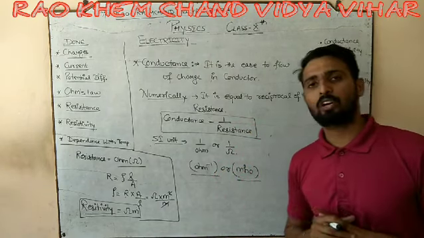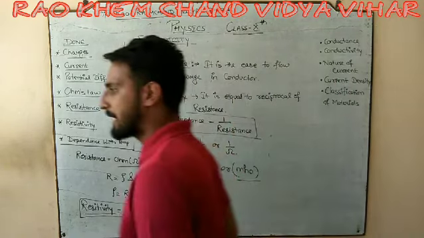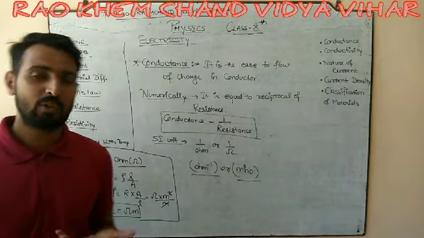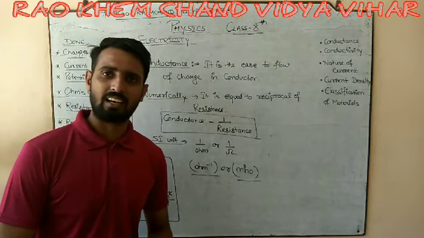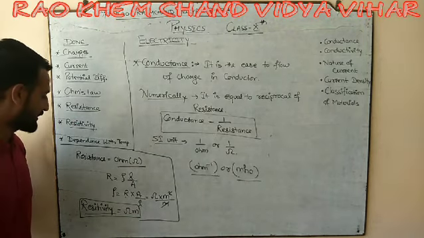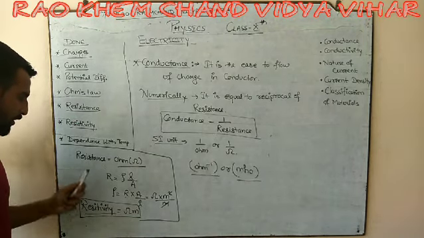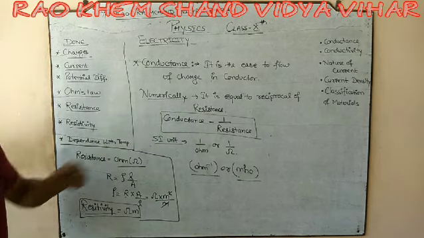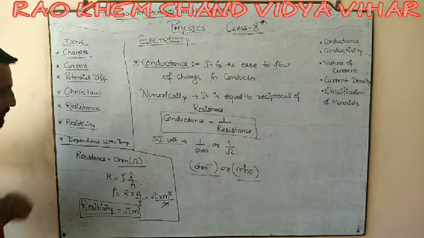It is the reciprocal of resistance. So if you have calculated resistance, you can easily calculate conductance. It is just the reciprocal. Now, please first of all note down everything, the SI unit of resistance, resistivity, and this definition, by pausing the video.